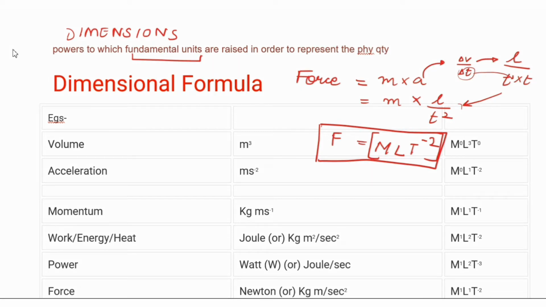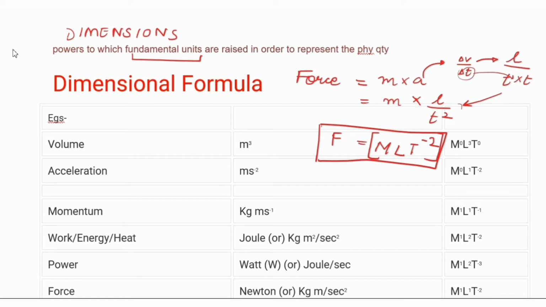So what do you mean by dimensions now? Can you see the powers of M, L, T? Yes, that is 1 on top of M and 1 on top of L and minus 2 on top of T. Yes, these powers are nothing but the dimensions. I hope you have clearly got the idea and the differentiation between dimension and dimensional formula.